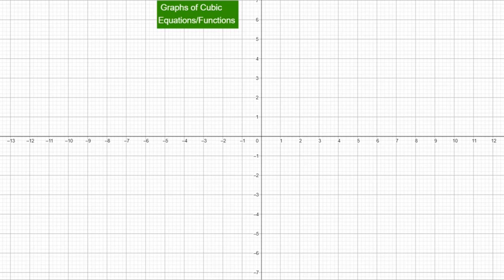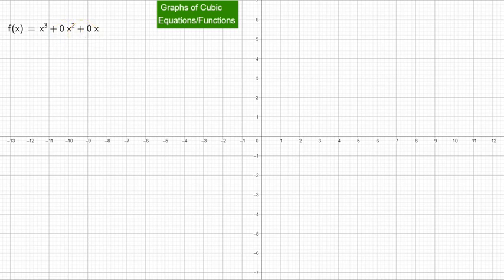In the previous session, we looked at graphs of linear and quadratic equations or functions. Now let's look at it for cubic functions. So we have f of x equal to x cube. X square and x are not there. Neither is the constant.